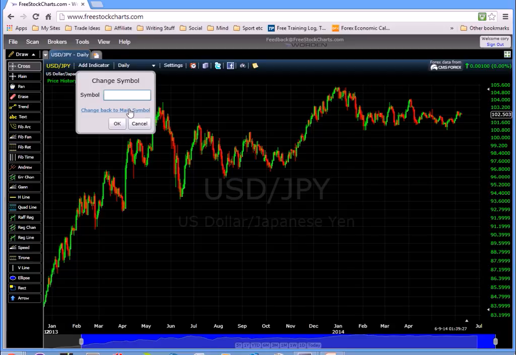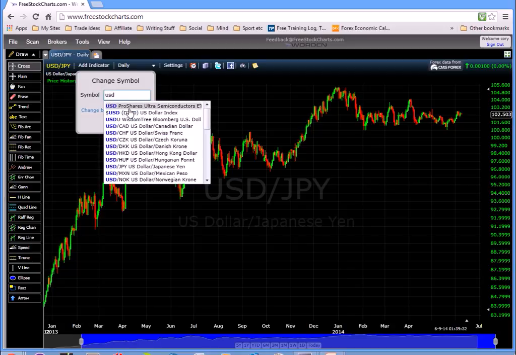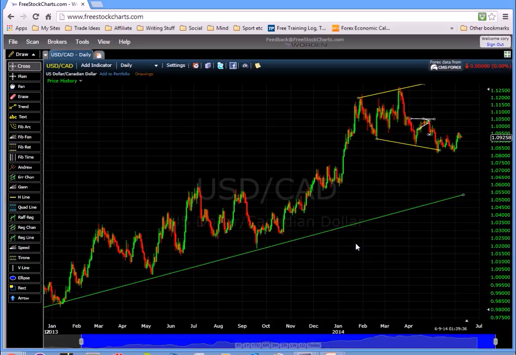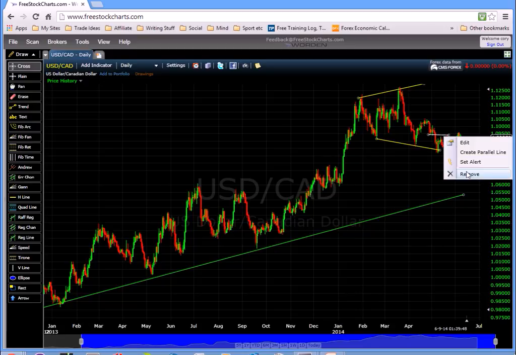As you can see, if you use freestockcharts.com, you can just type in different currency pairs to see what they look like. The USD CAD, for example. You can see I have some analysis lines on here. This pair is also priced to 5 decimal places. As we said, most are priced to 5, and just the Japanese yen pairs are typically to 3.